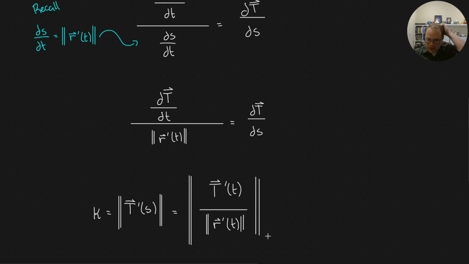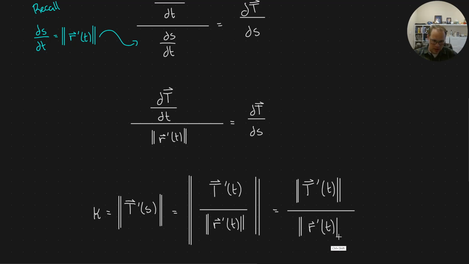And then one last thing just to tidy things up. Remember, if you have a scalar inside a norm, you could always take the absolute value of that scalar outside the norm. And since this is already positive, I can write this as the norm of the derivative of the unit tangent vector with respect to some arbitrary parameter t divided by the norm of r prime of t.